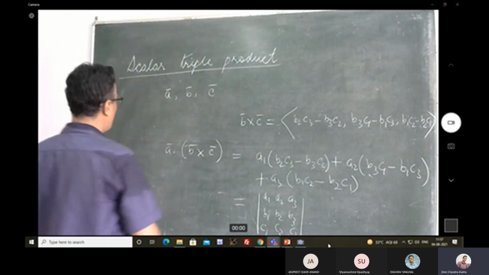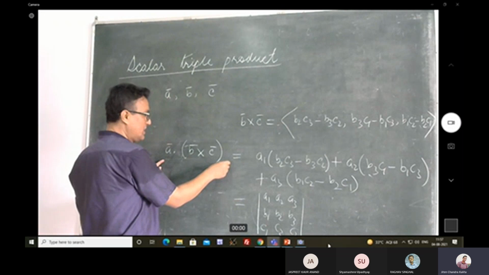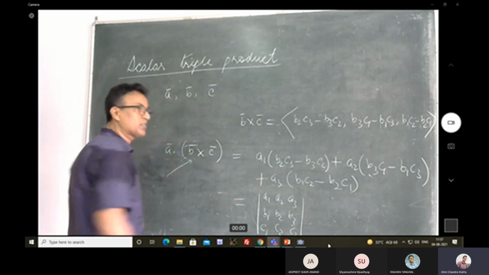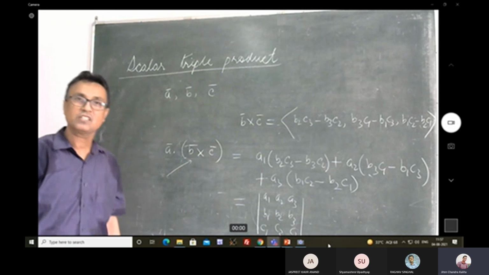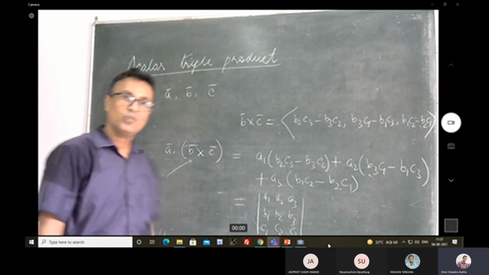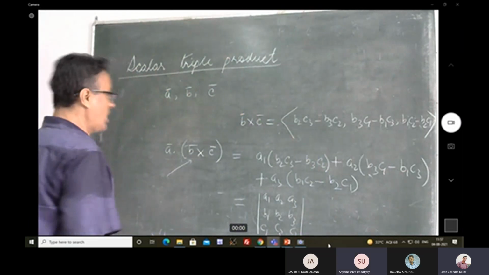That is why this expression always gives you a scalar, and it is called the scalar triple product of the vectors A, B, and C.